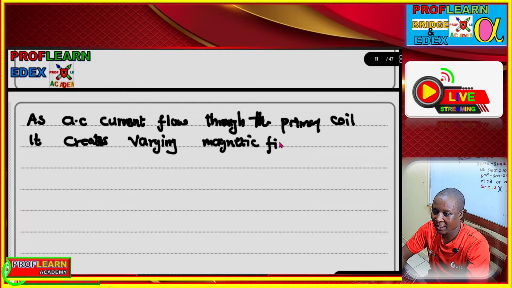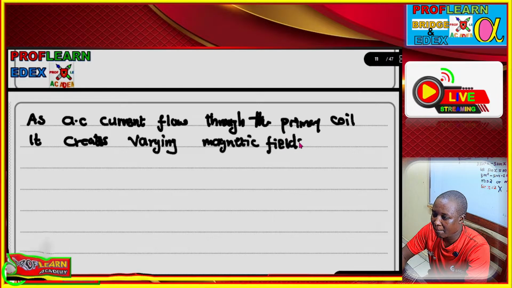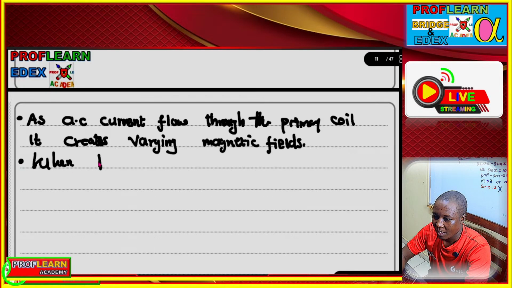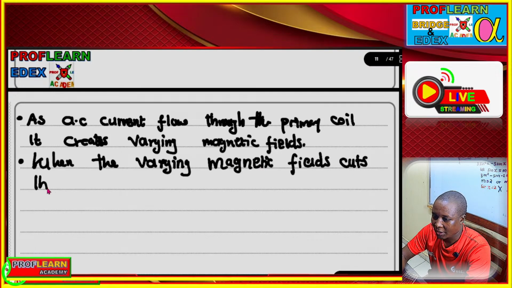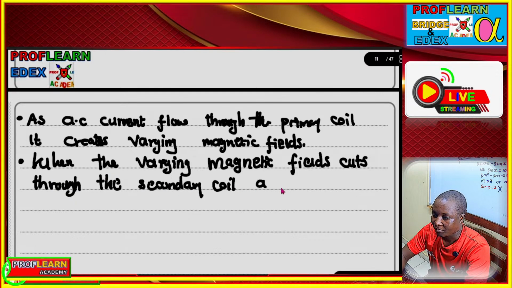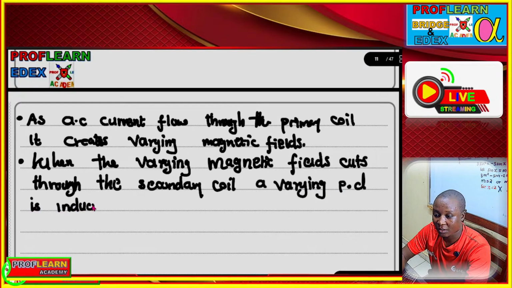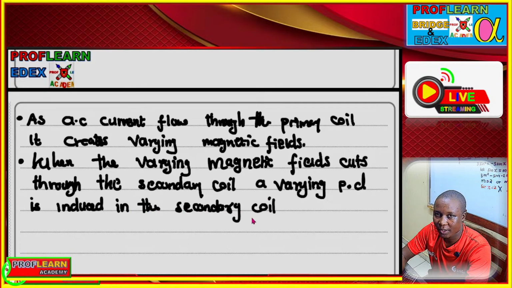So let's write and say, as the alternating current flows through the primary coil, it creates varying magnetic fields. Then when the varying magnetic fields cut through the secondary coil, a varying EMF or potential difference is induced in the secondary coil, which is going to result in the flow of alternating current.